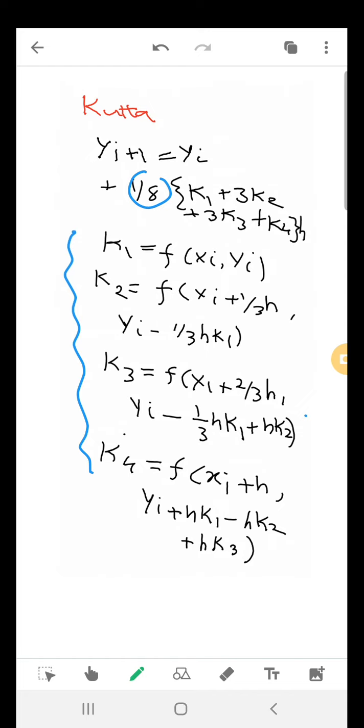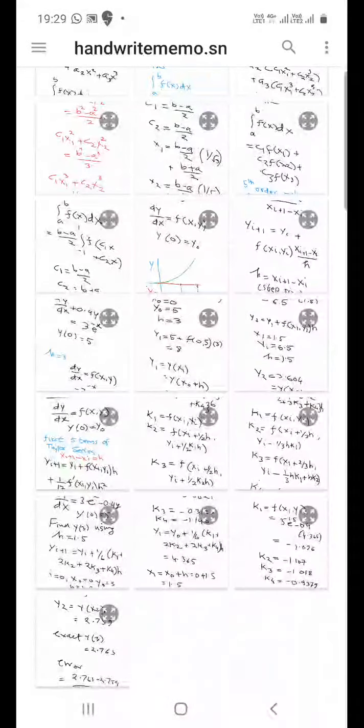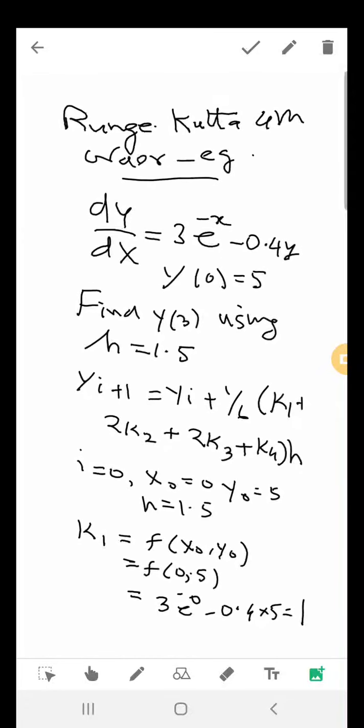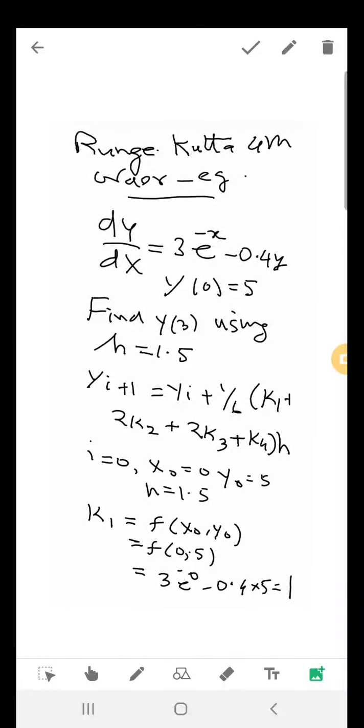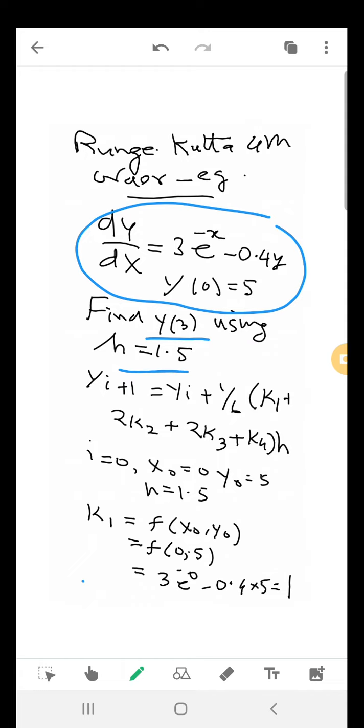So let's take an example. If this is the equation that we need to solve, we need to find the value of y3 using the step size as 1.5.